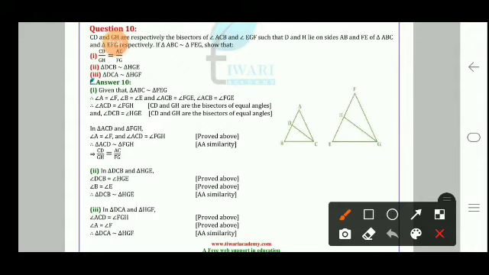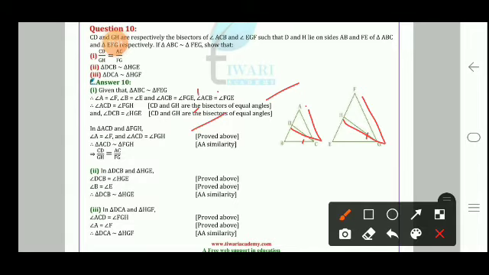Therefore angle ACD is equal to angle FGH, because CD and GH are bisectors, so the angles are bisected and half of the equal angles are also equal. The same way, angle DCB is equal to angle HGE because of the bisectors.